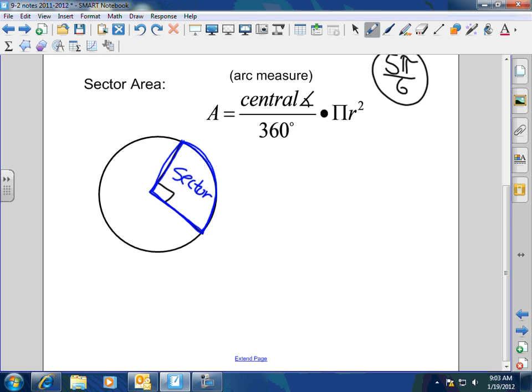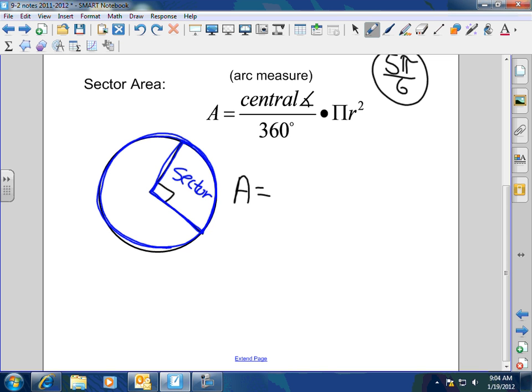Now, to find the area of this sector is ridiculously easy. If you think about the whole circle again, isn't the sector basically a fraction of the whole area? Exactly. So the formulas are very similar.